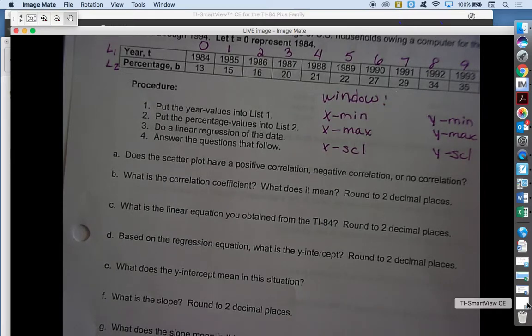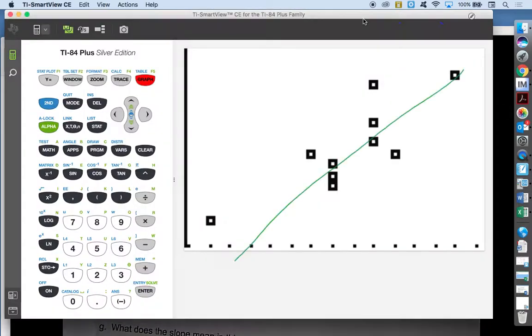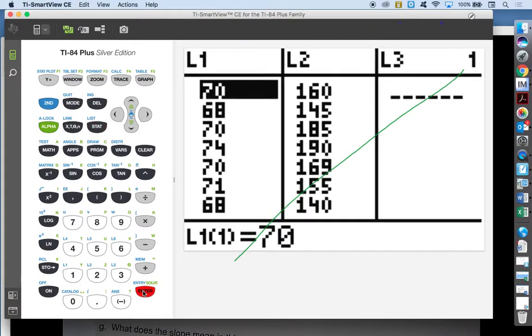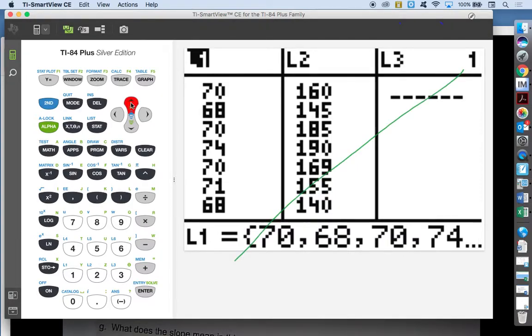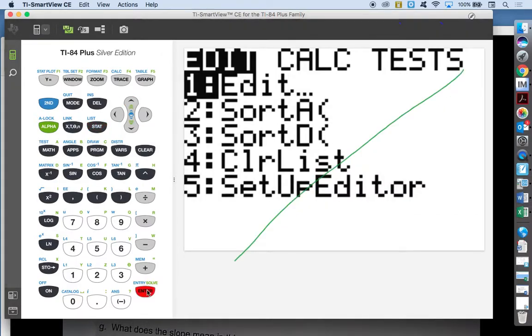That's a really good question. How do you clear the data? If you go up to L1, so make L1 bold, you have to hit stat and then enter.